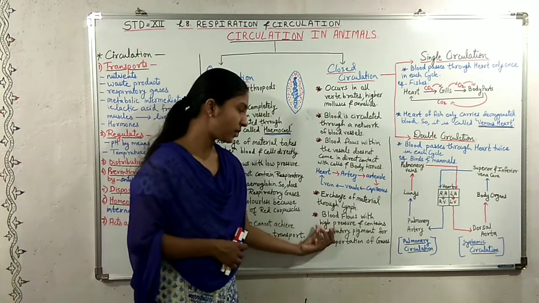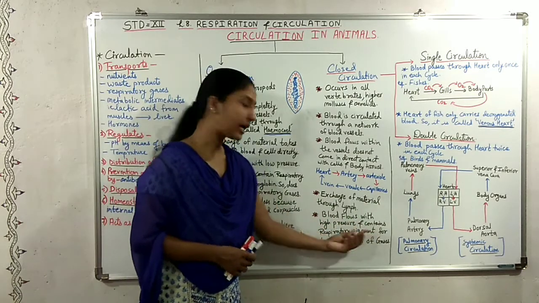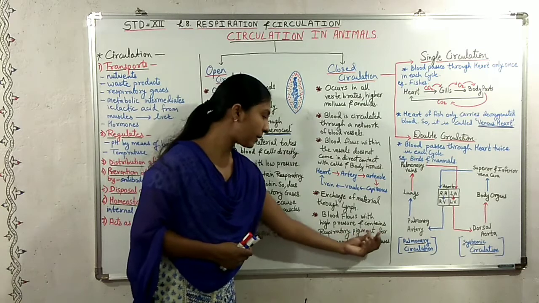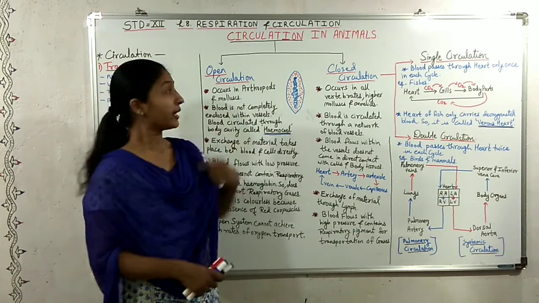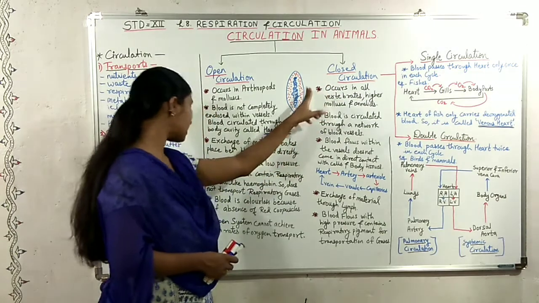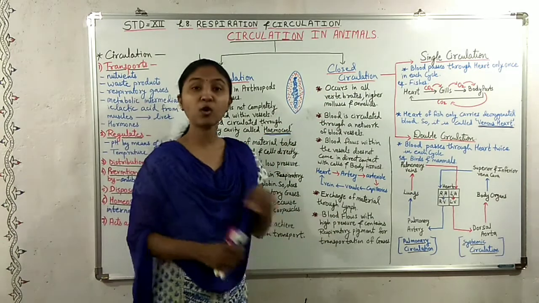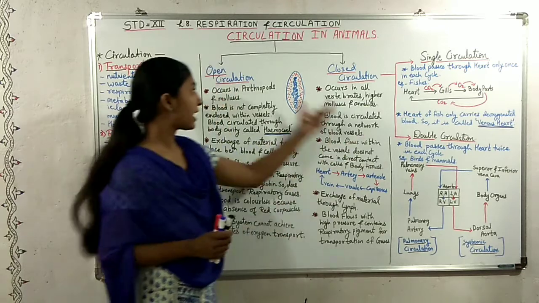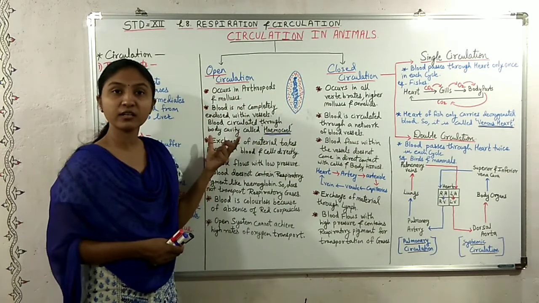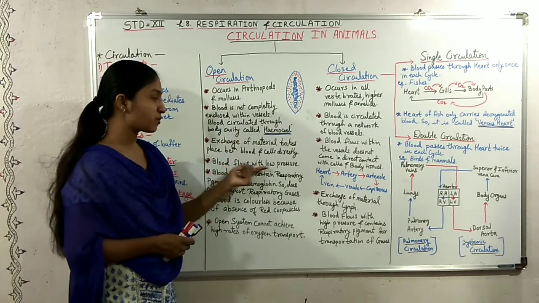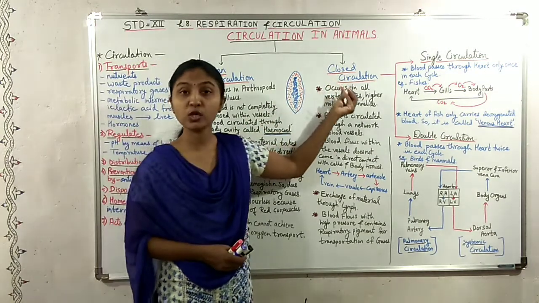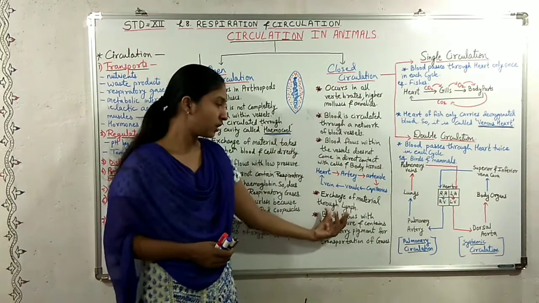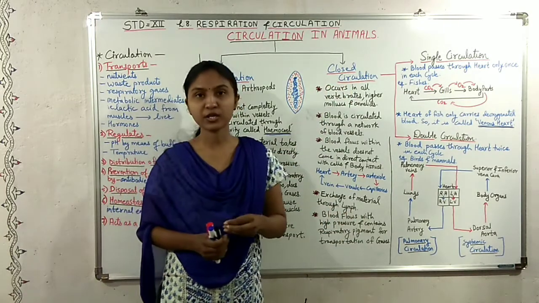Blood flows with high pressure and contains respiratory pigment for transportation of gases. Now here in the closed circulatory system, the blood flows with high pressure, whereas we saw in the open circulatory system, the blood flows with low pressure, means it flows slowly, whereas in the closed circulatory system, the blood flows with high pressure.